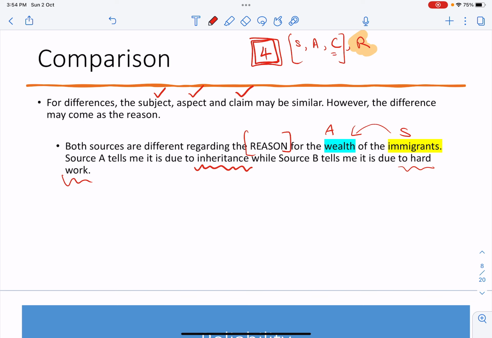So this is how the sources can have similar subject, can have similar aspect, can have similar claims, but yet can still be different, because the last aspect of inference, the reason, is the thing that is different between the two.